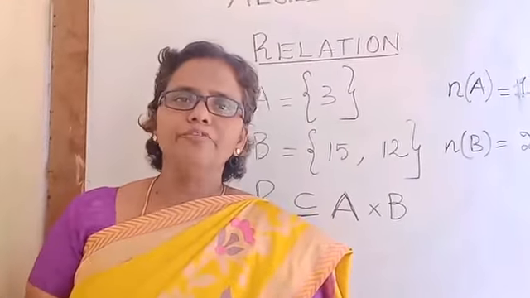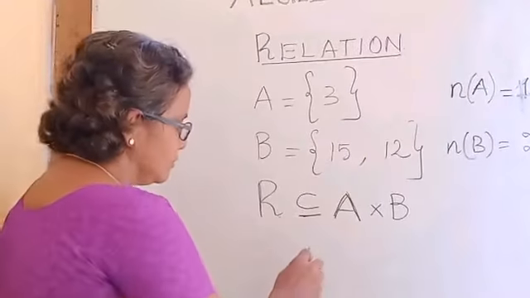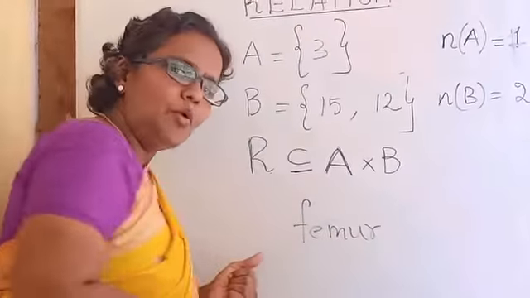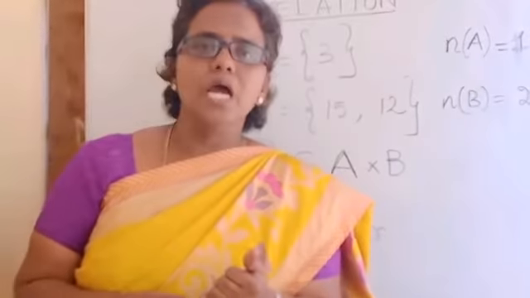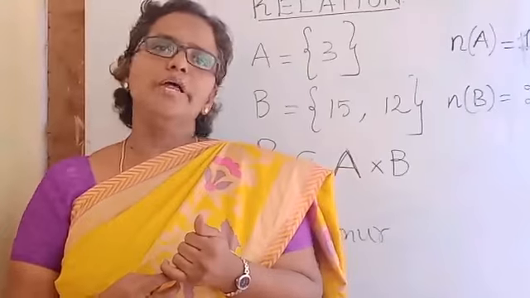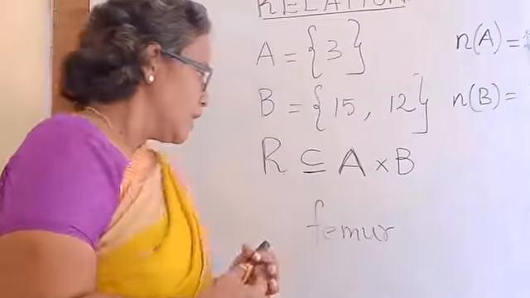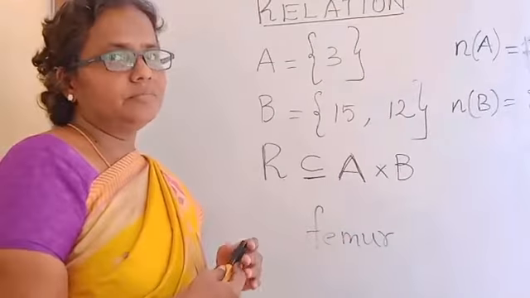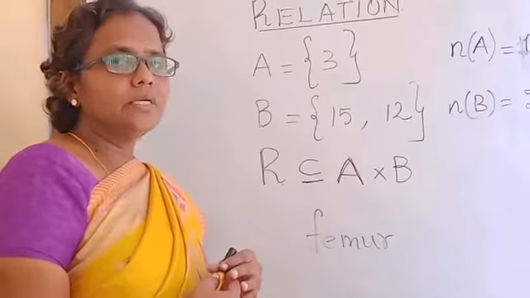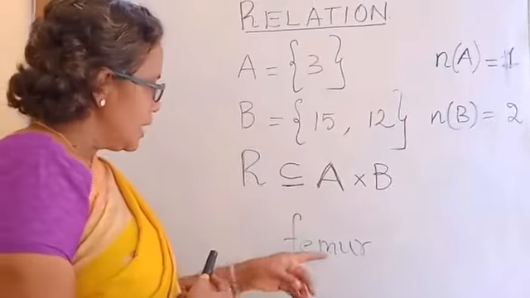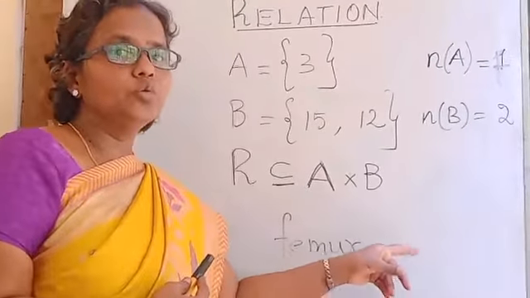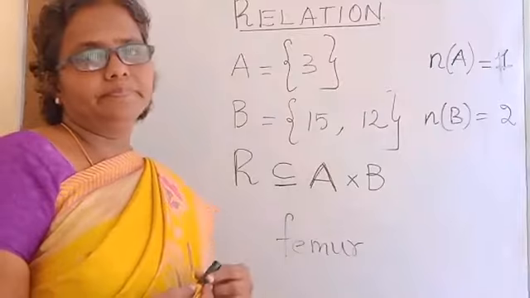I hope you know what a femur bone is. A femur bone is the bone which connects your hip and your knee. There is a finding from this femur bone. It is being found that in ladies, the length of the femur bone is related to the height of the lady.